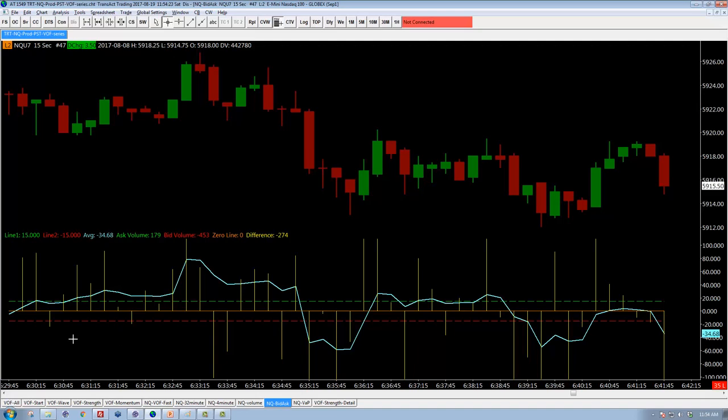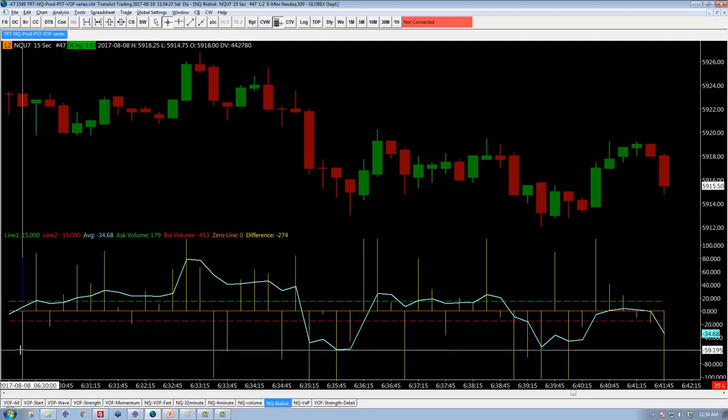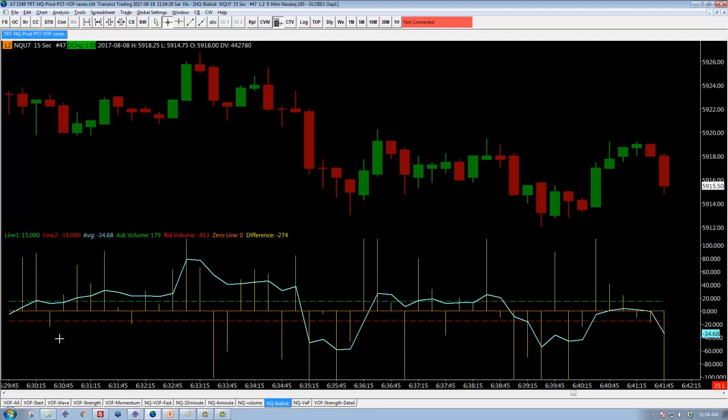Okay, so if you look here, this is 6:30 when the market opens. You can see we're crossing above. This is momentum long. We stay above all through here. Still very clearly, buyers are winning. There's much more net buying than there is selling, or net aggressive buying, I should say.